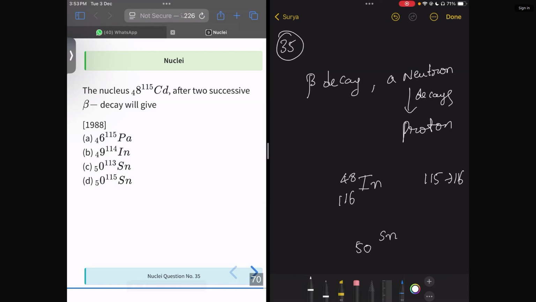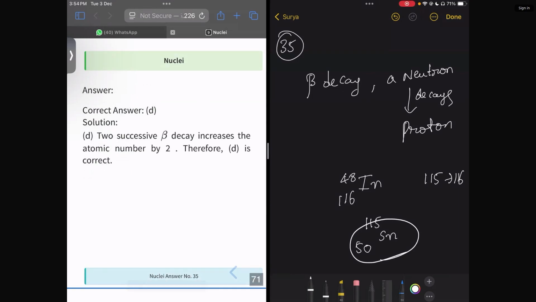It will become Sn 115. So option D is the right answer.